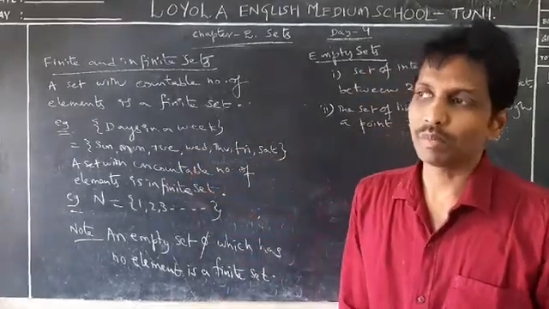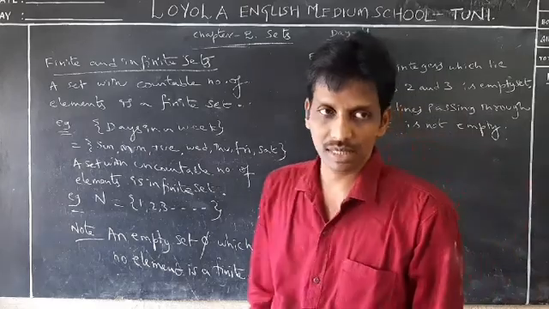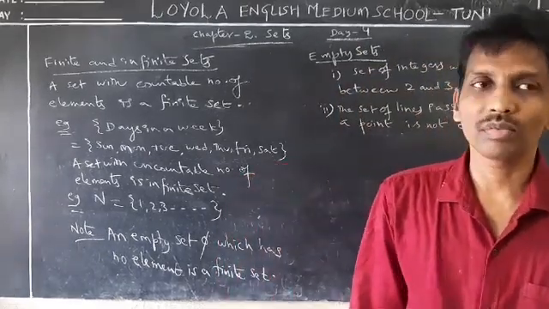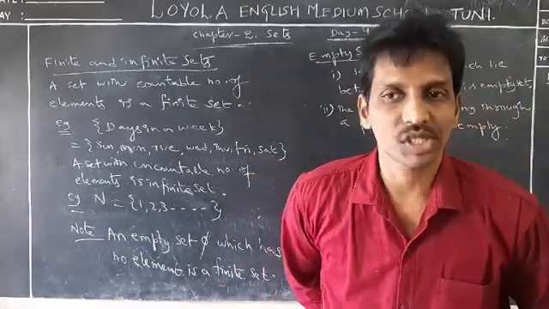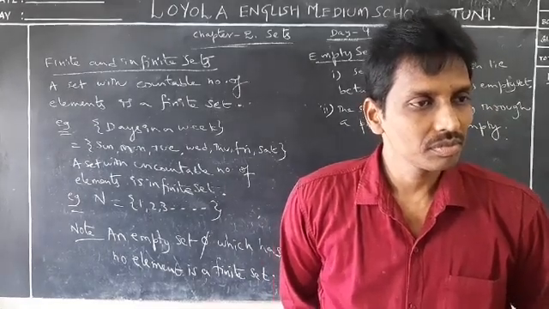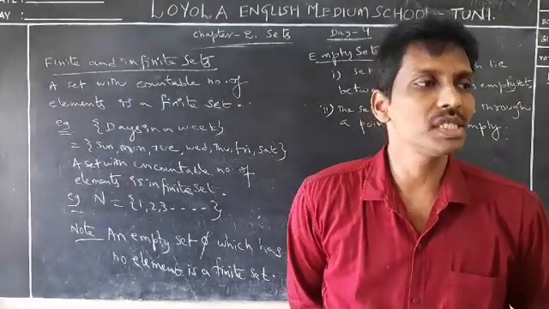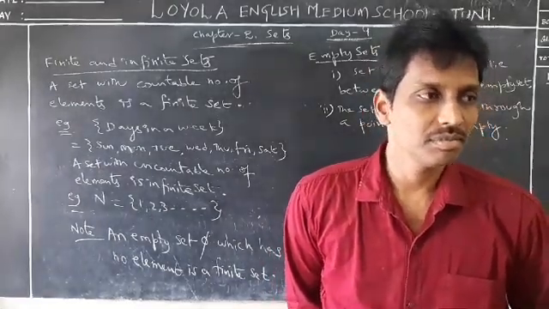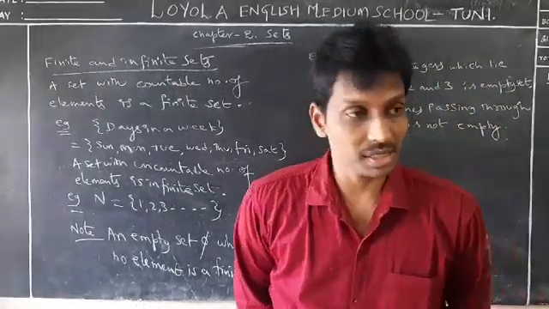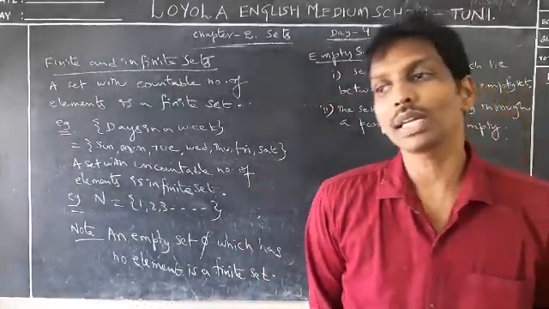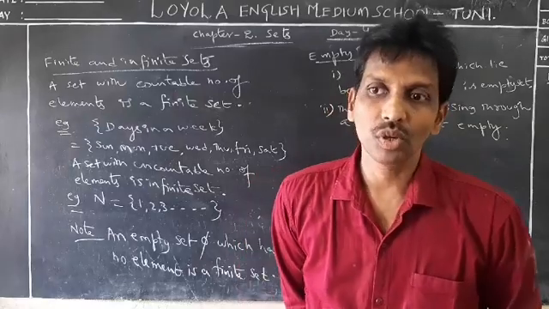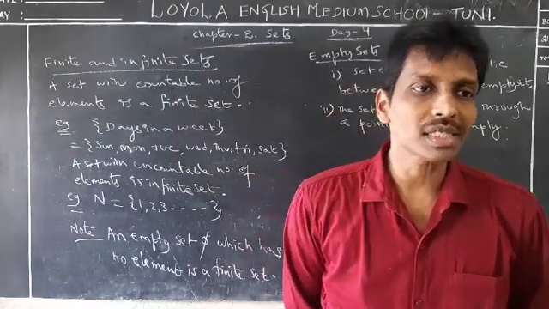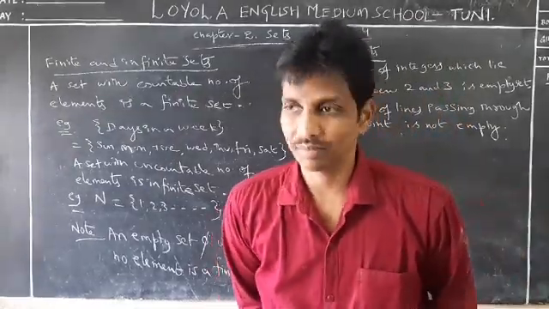Let me give some examples of finite sets. The set of class 10 students in our school. Can we count the number of students in class 10th or not? Even though we have 2 or 3 sections, we can count the number of students easily. So the number of students in a particular class is a finite set.